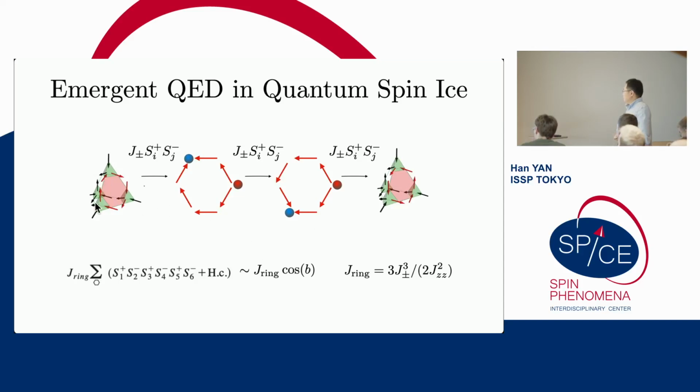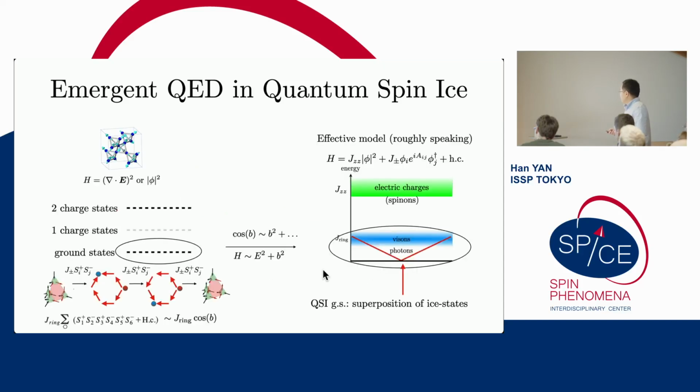Because this doesn't generate any charge on the lattice, it's effectively this cosine B term, where B is the emergent magnetic field. Yeah? And now your classical ground states are equipped with this perturbatively generated dynamics.